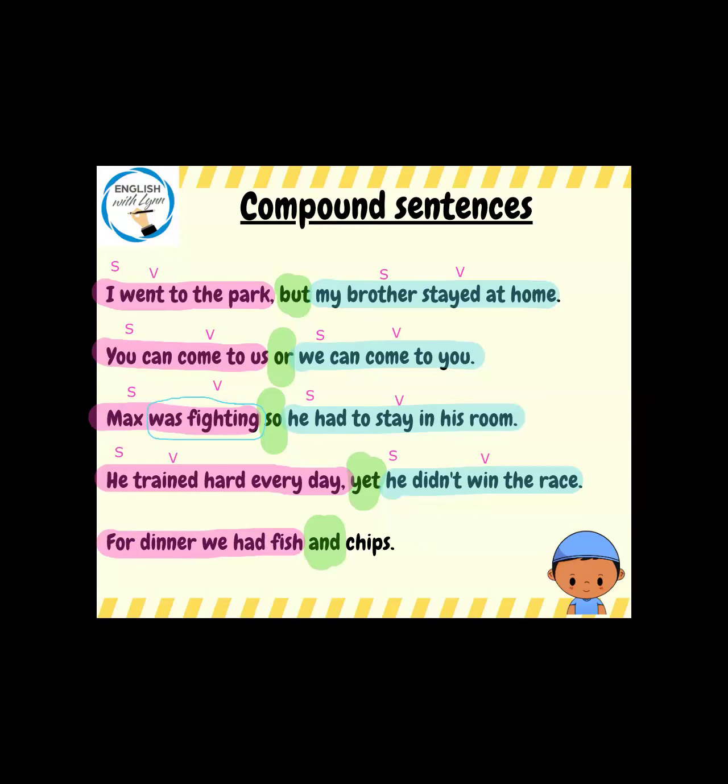The bottom example is actually a simple sentence, and the word and is used to join two words, fish and chips. Chips isn't a main clause. For it to be a main clause, it would need the subject and the verb in it, okay? So just be careful when you are spotting your fanboys conjunction that it has a main clause at either side of it, okay?